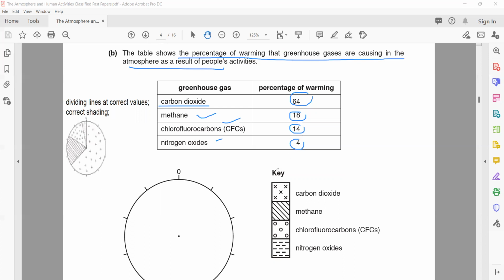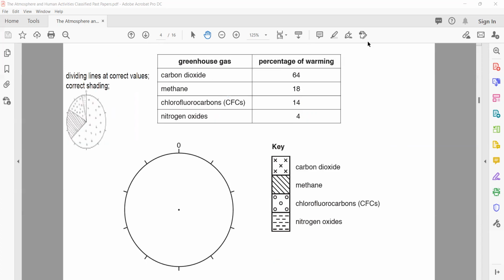Now you have to put it in the form of a graph. This is quite simple, and I think you can do it easily. First of all, if this is given to you, this is 0, then 10, 20, 30, 40, 50, 60, then 70, 80, 90, and again here 100.